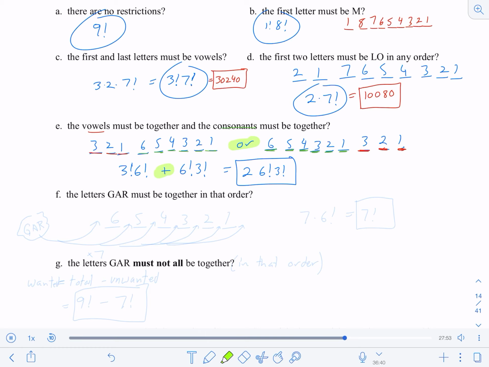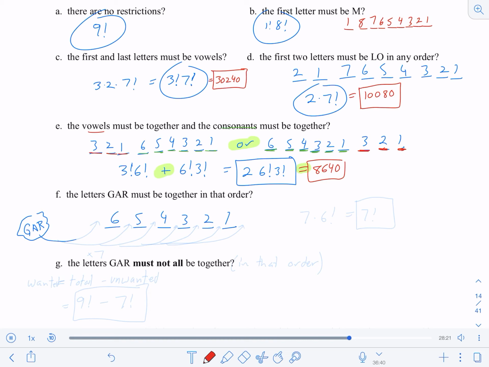Okay, the letters G, A, R must be together in that order. So here's what I'd like to do. I'd like to imagine G, A, R over here, kind of like a package. Then I take all the other letters left, so there's 6 of them, and 6 factorial is the number of ways to arrange that. And then I want you to imagine that there's different places that I could stuff this GAR package.